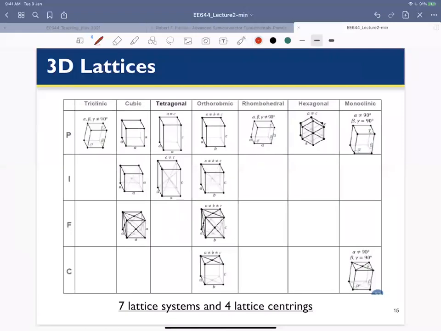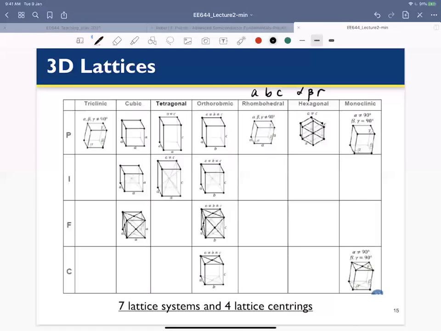So when you're talking about 3D lattices, the 3D lattices are defined by three basis vectors, A, B, C, and the angles alpha, beta, gamma. So based on these six lattice parameters, there are seven lattice systems and four lattice centrings, right?